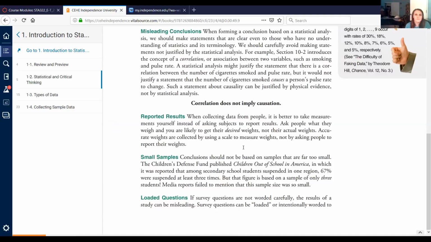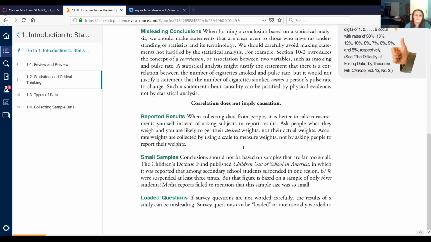You want to measure them yourself, because not that people are going to actually deliberately lie, but they're likely to give you their best estimate, or where they want to be, or just change things. They won't be really accurate. So how you collect your data is also important.